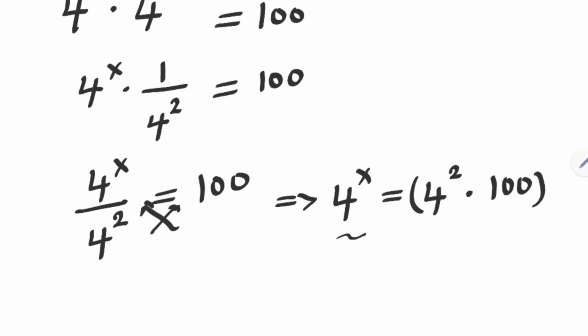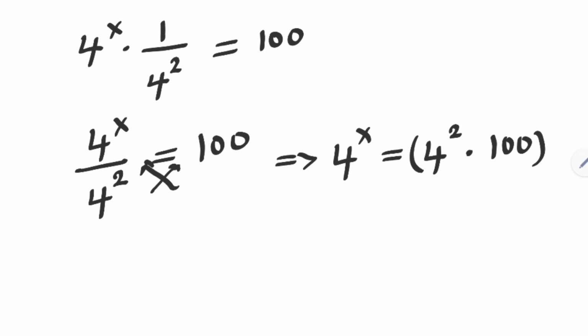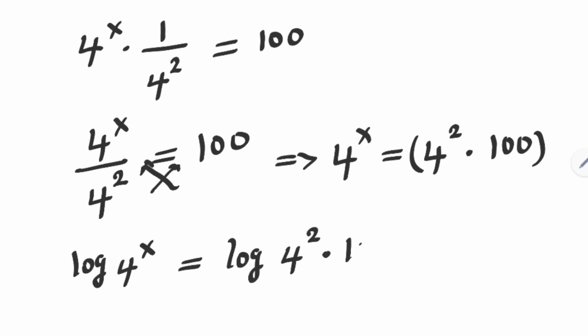Let us take the log on both sides of this equation. Log 4 raised to power s is equal to log 4 square multiplied by 100.